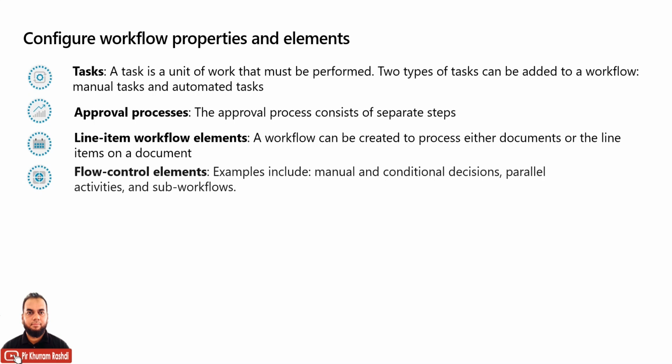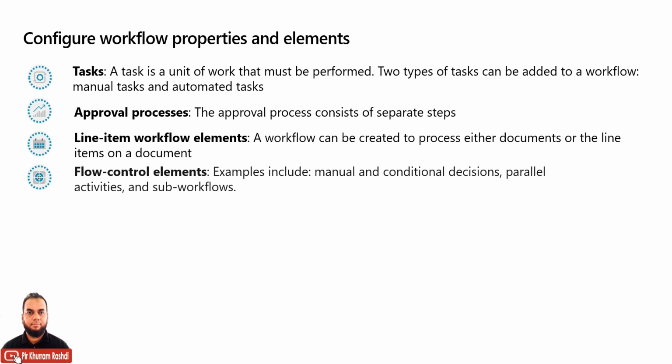coming from the document. And then there can be parallel activities, when there are two parallel activities going on in a workflow. And similarly, a sub workflow can also exist. For example, in purchase requisition, there can be a line level workflow as well as a header level, or purchase requisition wide, workflow.